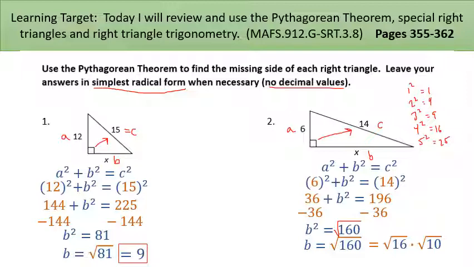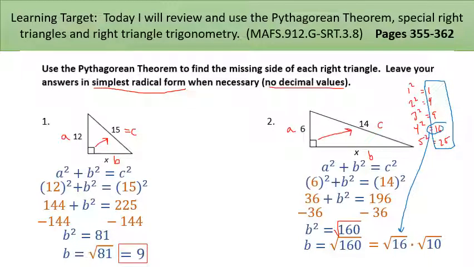What we're doing is we're basically looking for these perfect squares to be factors inside of our radical. So when we see the square root of 160, we're going to ask ourselves, is there one of these values that is a factor of 160? And we can say, yes, there is. 16 is a factor. 16 times 10 is 160.